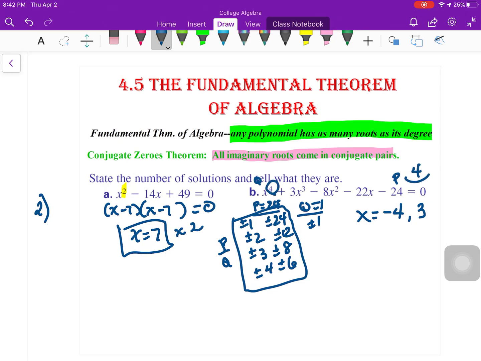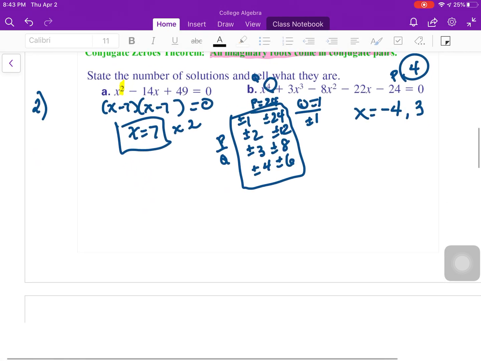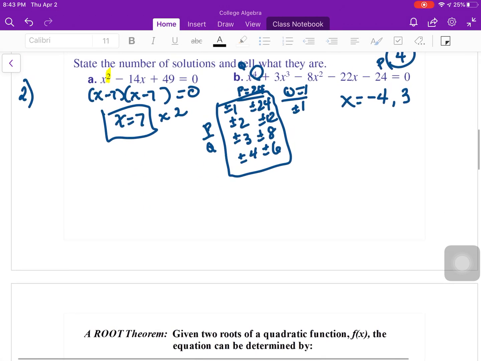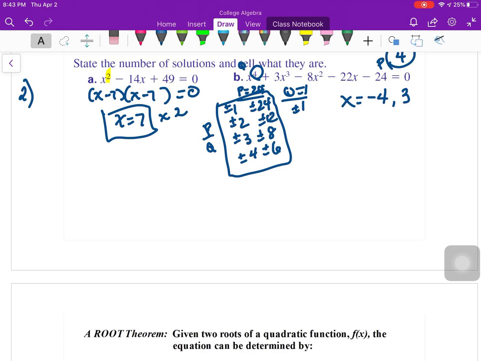So that means I must synthetic divide to find my remaining 2 because I needed 4 total roots. I put negative 4 into 1, 3, negative 8, negative 22, negative 24.